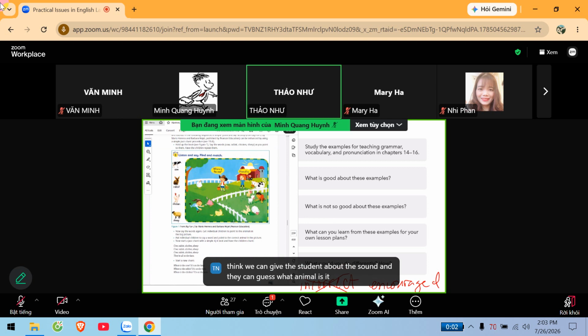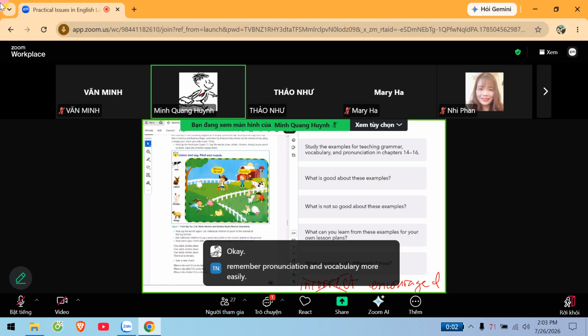And next is the use of the jazz chant, which can make the lesson enjoyable and help the learner remember pronunciation and vocabulary more easily. Okay. So those are the things that you like about the examples. Yes.